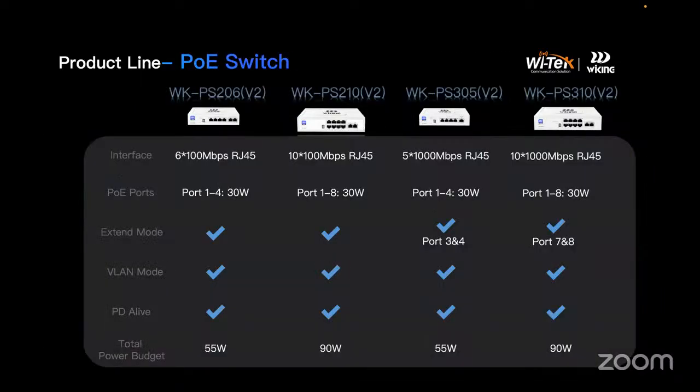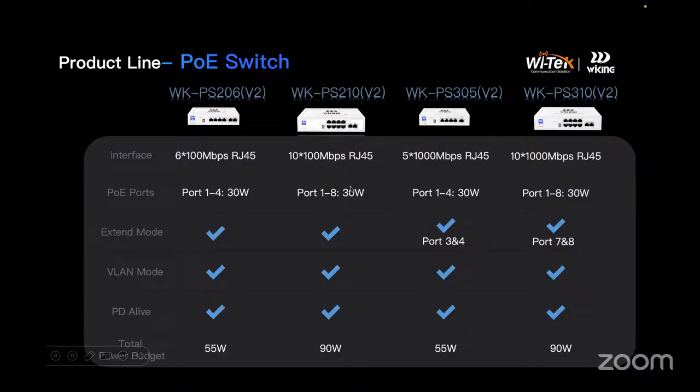First is the economy PoE switch. For the CCTV market, we always look for a PoE switch that can connect a camera system and work stably. So for this, we use the best materials we source, and we can make sure it can work stably for a long time. And we offer from 4-port PoE to 8-port PoE.